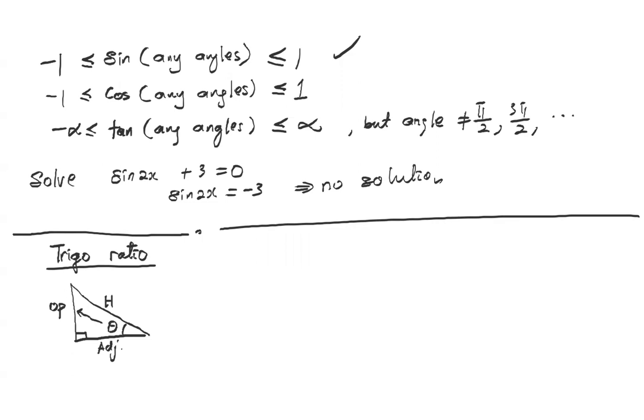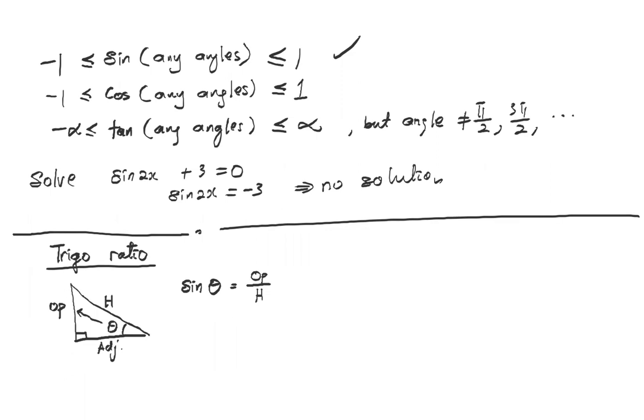So how do mathematicians define sin of an angle? It is a ratio of the opposite over the hypotenuse. Can this value be more than 1?